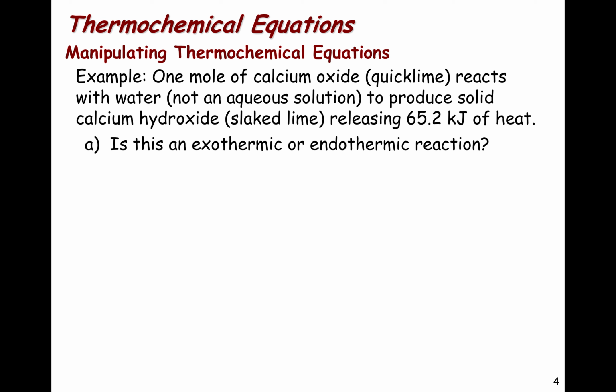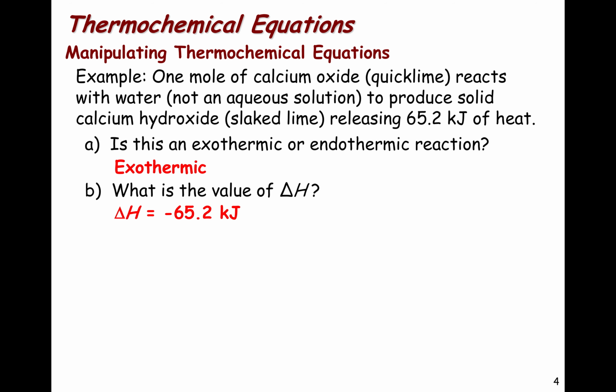The key term here is releasing the heat, and so as a result, the reaction must be exothermic. If our second question is what is the value of delta H for this particular reaction, well, the value of delta H has to be negative 65.2 kilojoules, the amount of heat that was being produced. And of course, delta H is always negative if the reaction is exothermic.